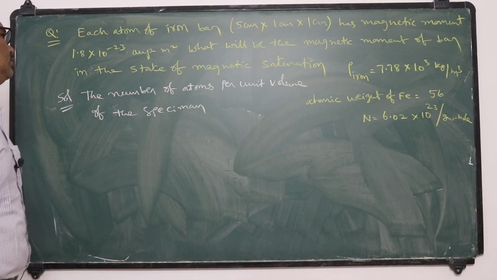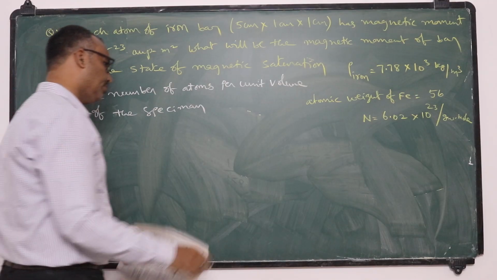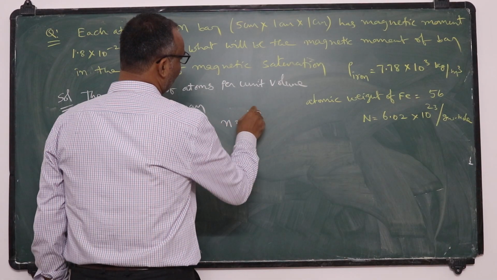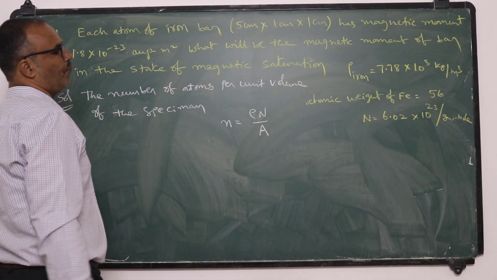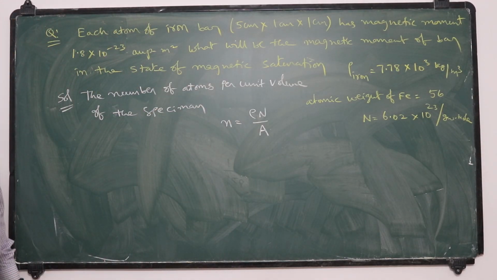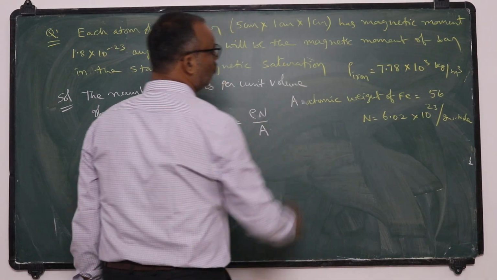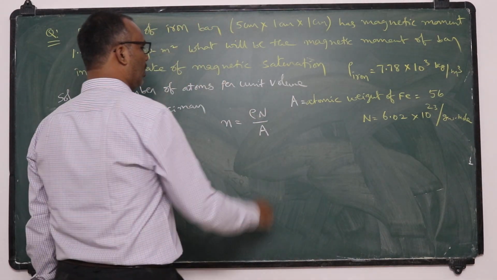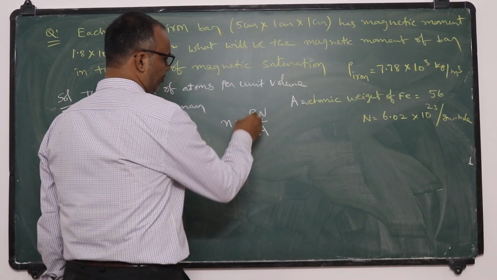We can write a formula: n is equal to rho N by A. Atomic weight A is equal to 56, N is the Avogadro number, rho is the density.